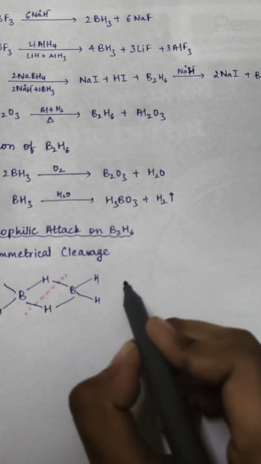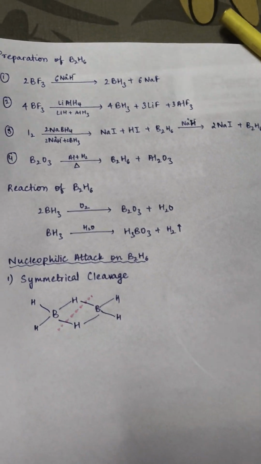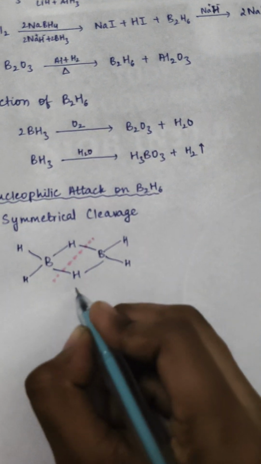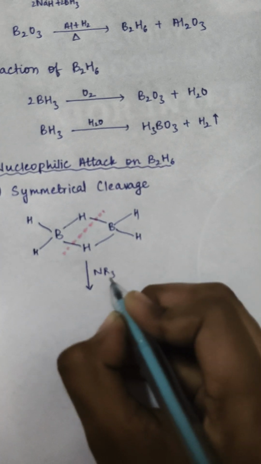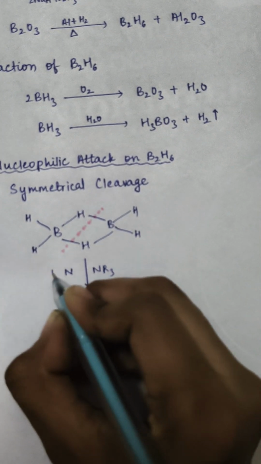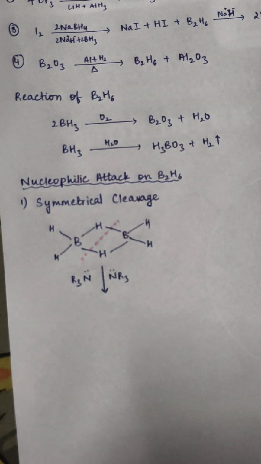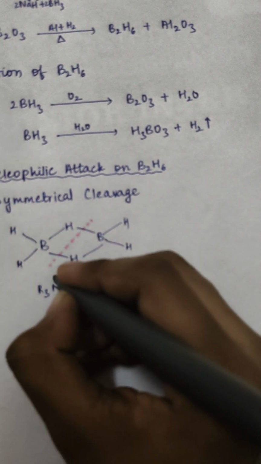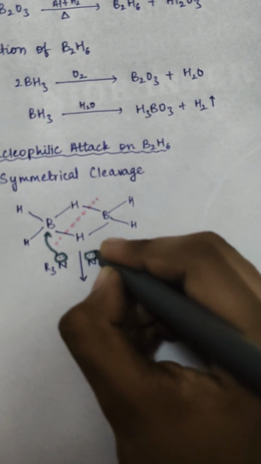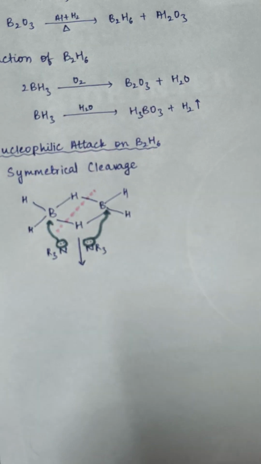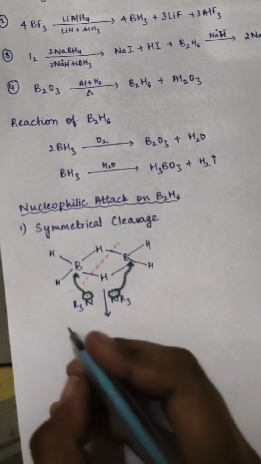And basically in this reaction, what happens is that you have NR3 and NR3, so you have a lone pair on nitrogen each, and one of these lone pairs goes to this boron and another pair goes to this boron, so they both are equally getting.